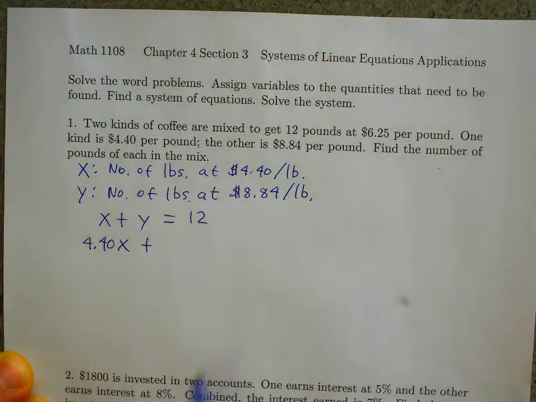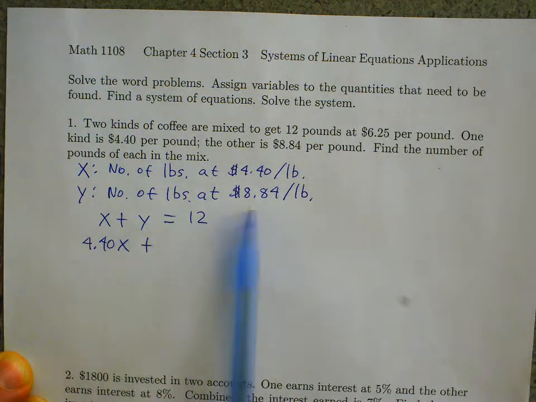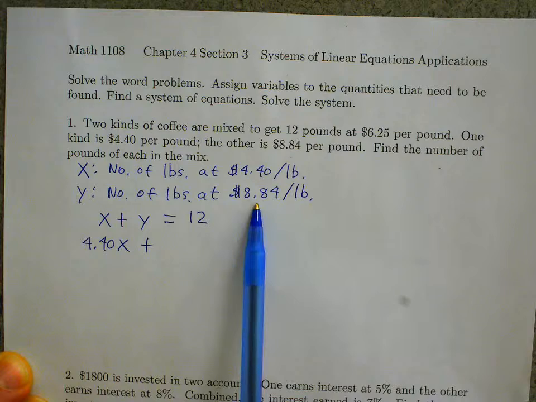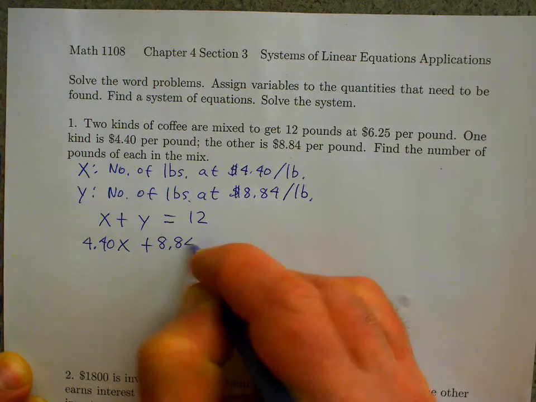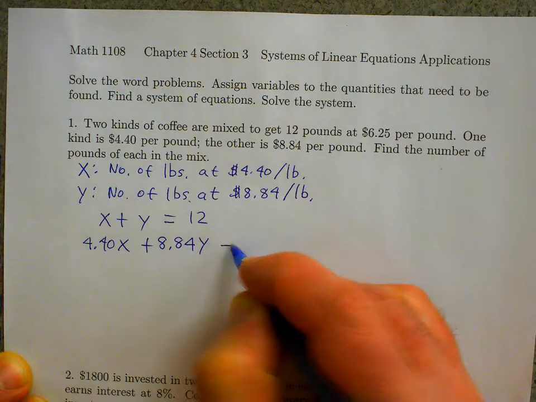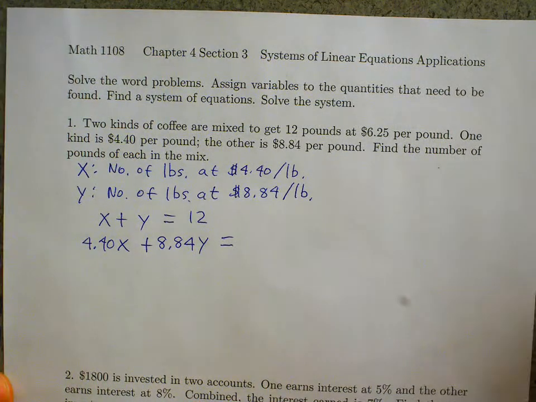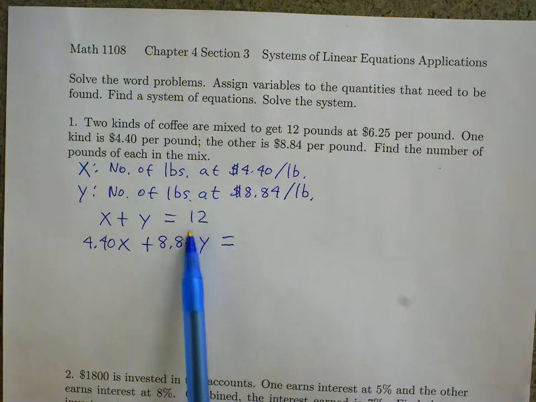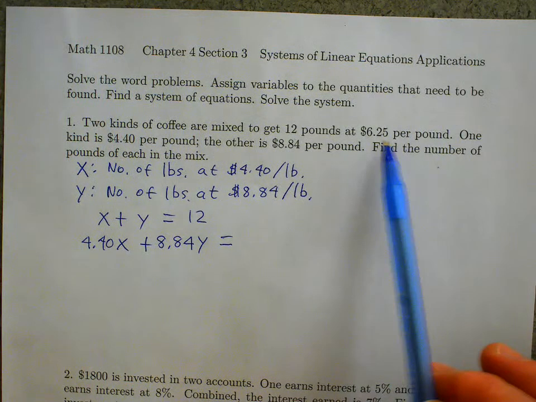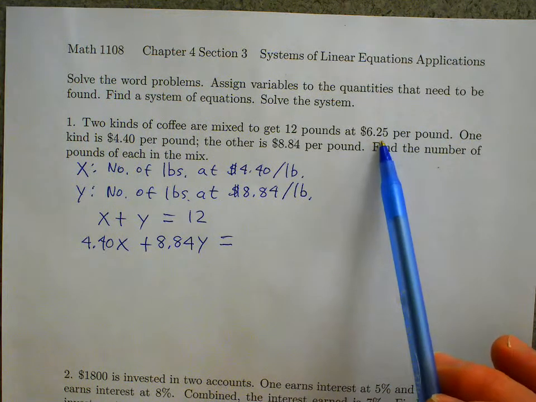We add that to the value of Y pounds at $8.84 per pound, so this is plus 8.84 times Y. And then the mixture, which is a total of 12 pounds, has a value of $6.25 per pound.